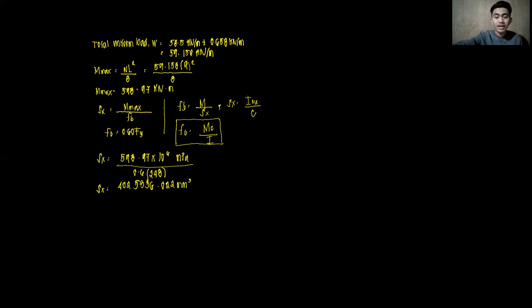So from here, we already have the value for Sx. So what are we going to do? From Sx, which is 402,533.6.022, we are going to equate that using this equation. Sx now is equal to neutral axis divided by C. However, do take note that the section modulus is this one.